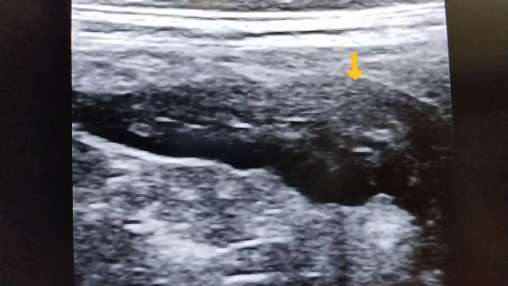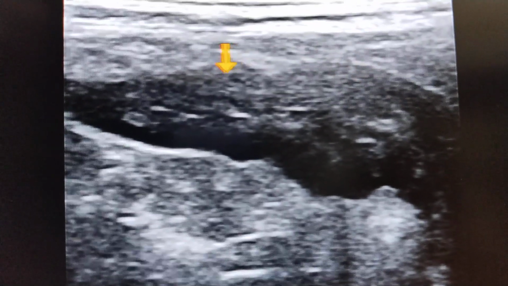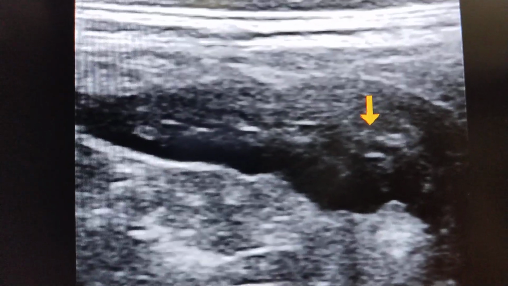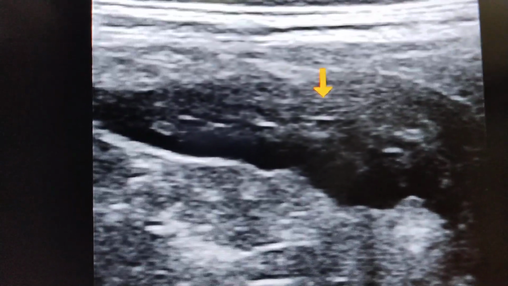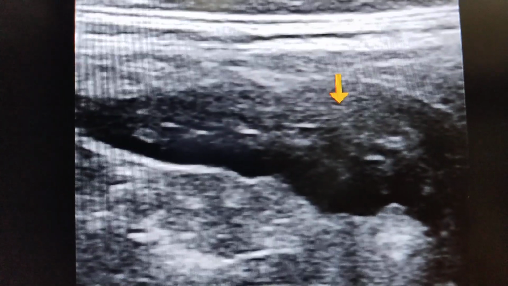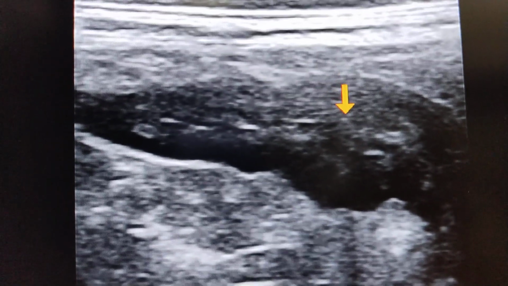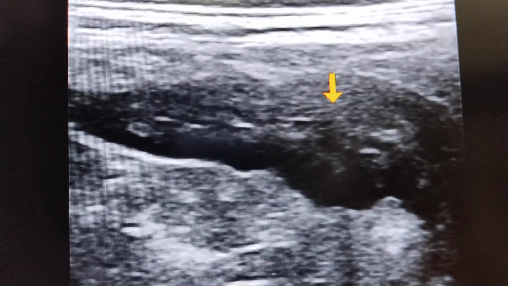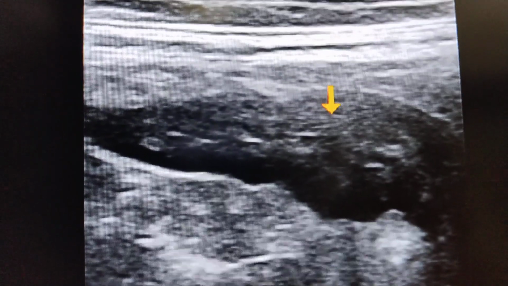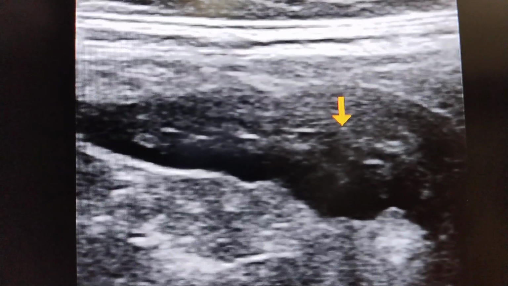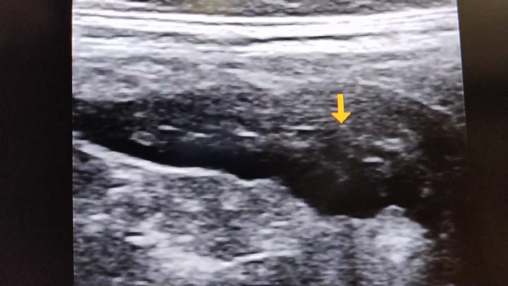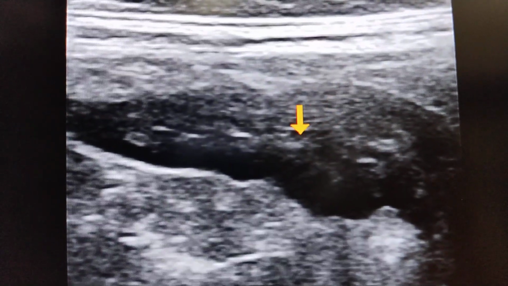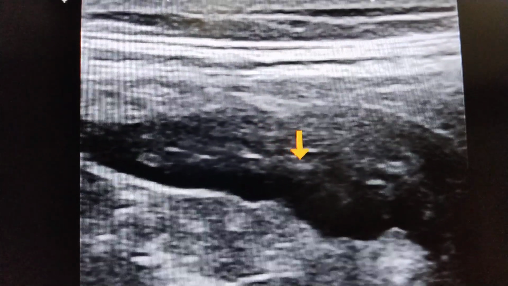So there is a loss of stratification, and this whole wall is hypoechoic. So we can say that the descending colon is having thickening of the walls, edema, and loss of stratification of the layers, with luminal narrowing.